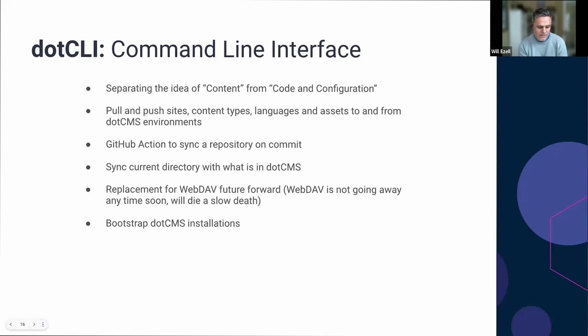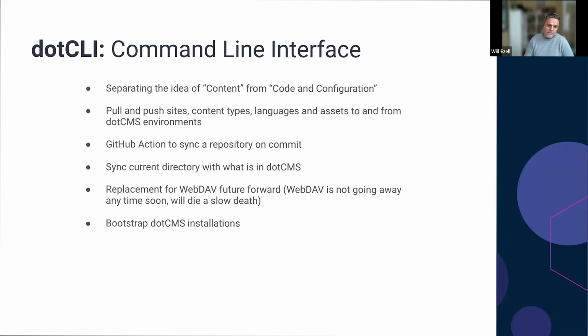The big story here with dotCLI is really, we need to codify the idea of separating content from code and configuration. In dotCMS, our underwriting philosophy is everything's content, right? And that was a beautiful thing to say back in 2012, and now it adds some confusion, I think.